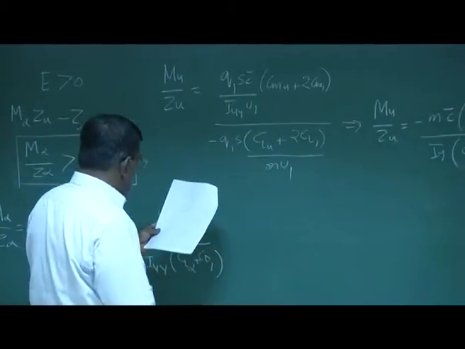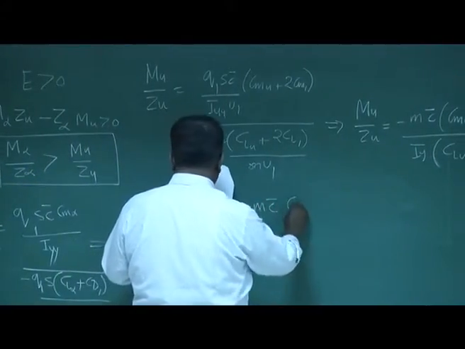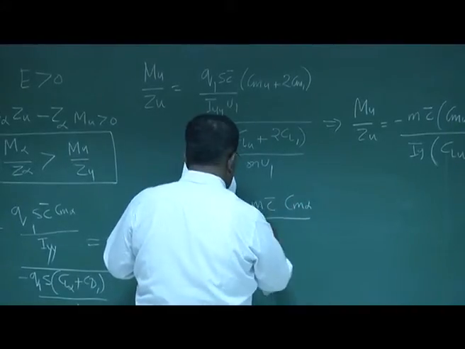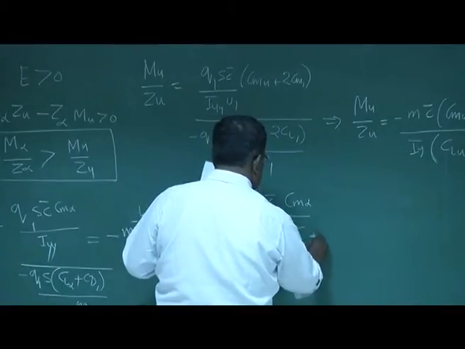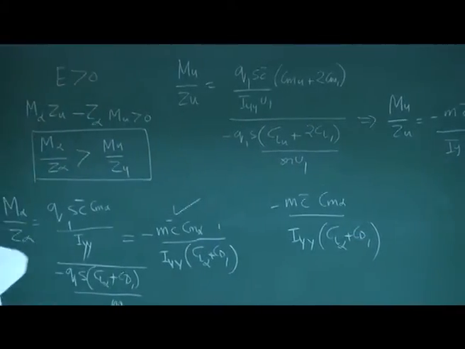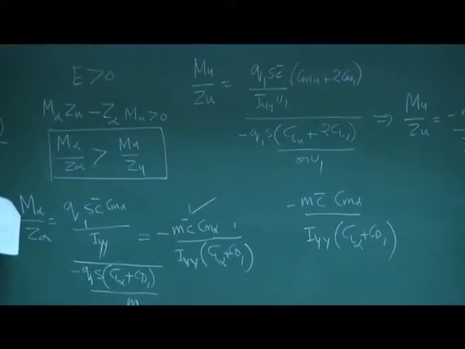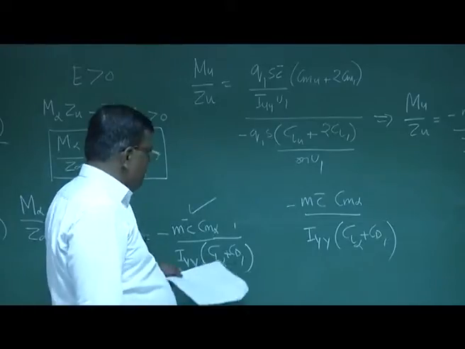So now we will write like this: minus m c bar Cm alpha by Iyy, CL alpha plus CD1. What is this? This is basically your M alpha by Z alpha. See, m c bar Cm alpha Iyy.